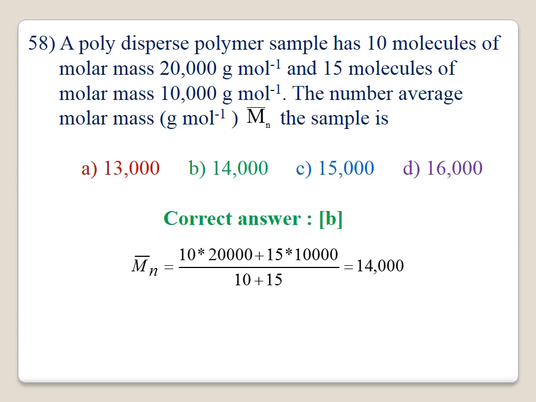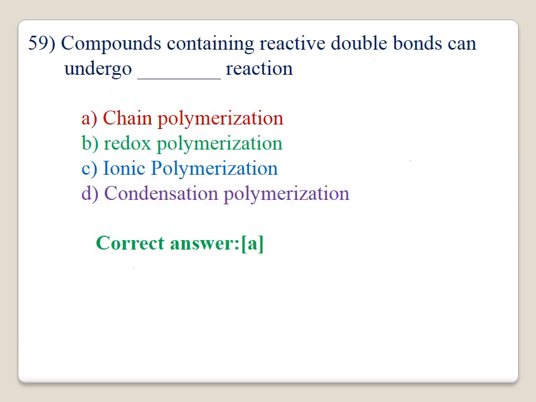Mn is equal to N1 into M1 plus N2 into M2 divided by N1 plus N2. Here it is 10 into 20,000 plus 15 into 10,000 divided by 10 plus 15, it comes around 14,000. Therefore, Mn, the value is 14,000 for this problem. Answer B is the correct.